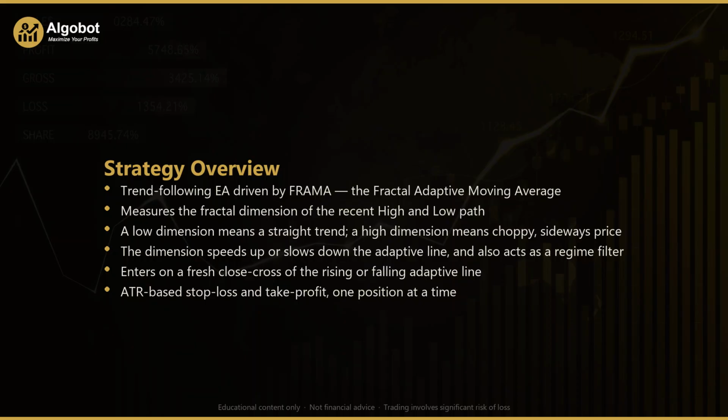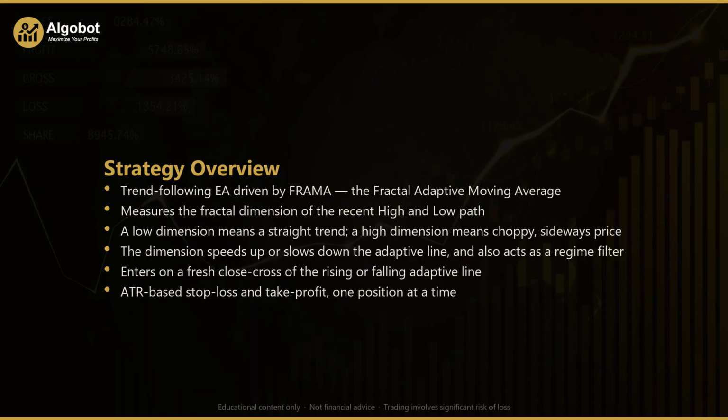FRAMA measures this from the high and low ranges of the recent bars, and then it uses that measurement in 2 ways at once. First, the dimension controls how fast the adaptive line reacts. When the market trends, the line snaps close to price and glides along with the move. When the market chops, the same line flattens out and deliberately ignores the noise.